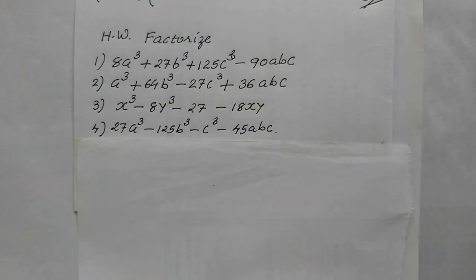Students, just now we have done only one sum that is given in the textbook, one sum in the example given, but this is not enough. So I am giving you 4 sums as homework. Note down these 4 sums and solve them. Okay children, are you doing homework regularly?